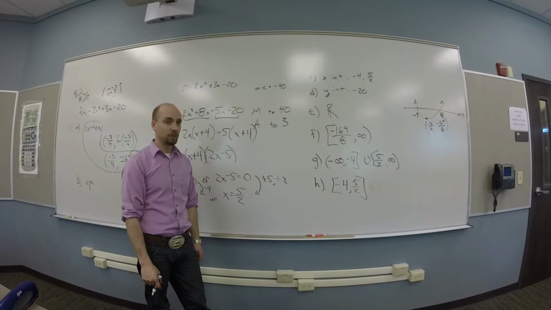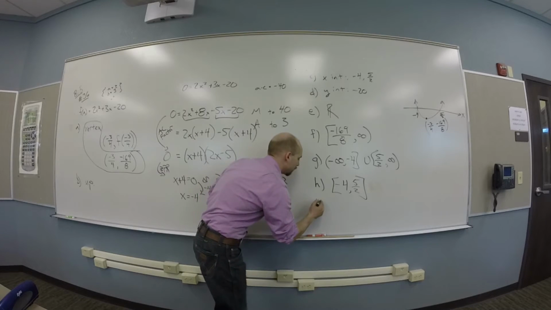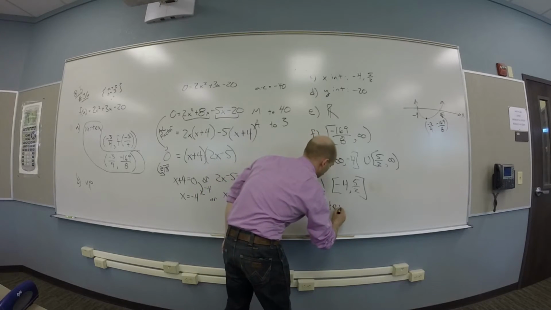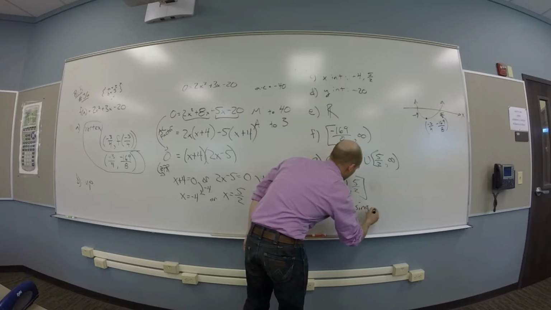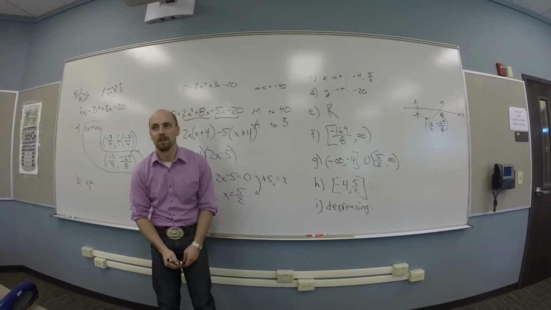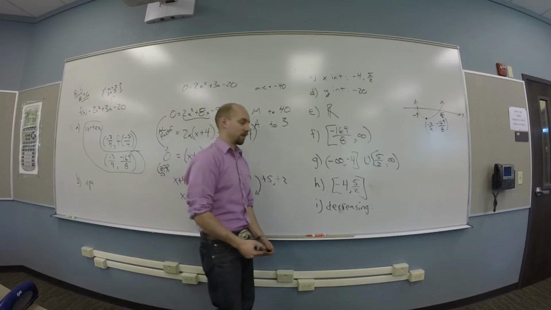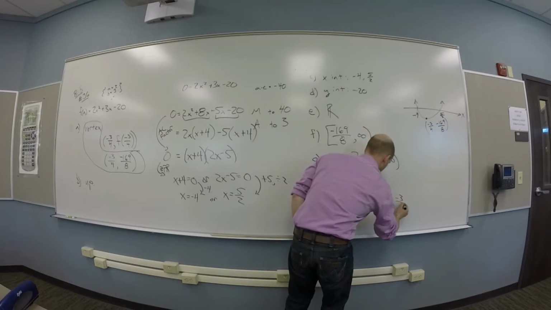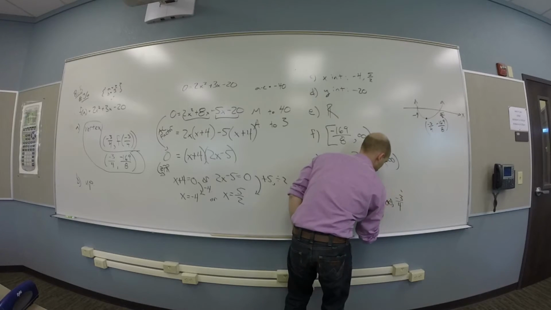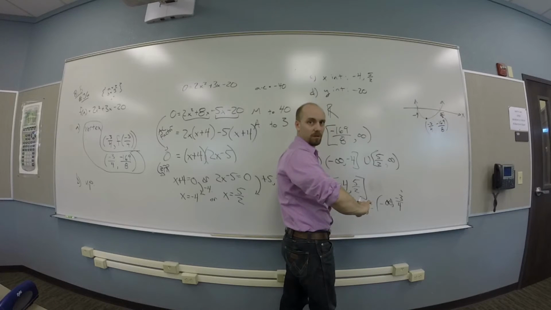How about I and J? I is decreasing. So where's this thing decreasing? Negative infinity to negative 3/4. Bracket? Close bracket, just including that one?